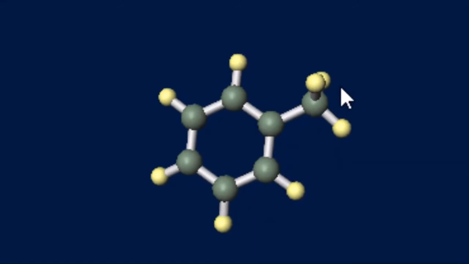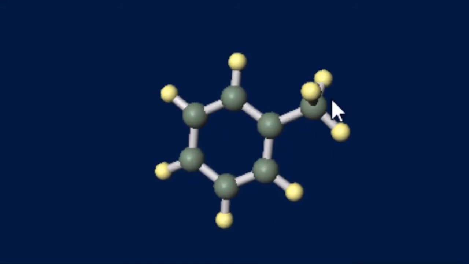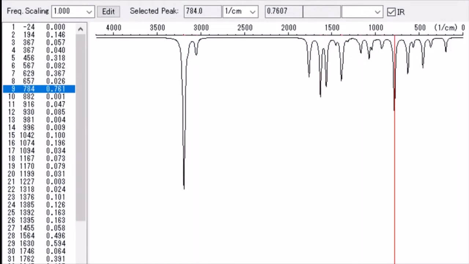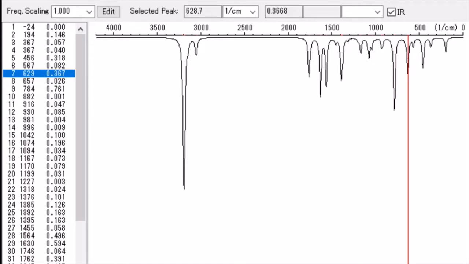Almost all the hydrogens are involved in wagging, this kind of vibration. Next, we shall see another peak. We shall see three peaks. There are several, but we shall see some of the major peaks. What vibration corresponds to that peak?